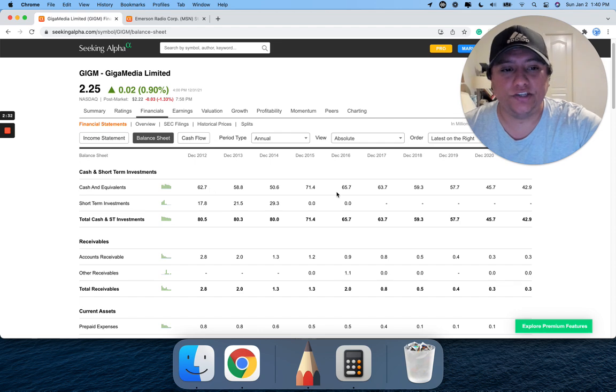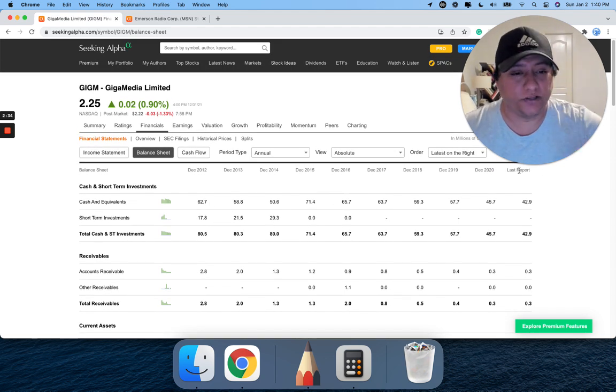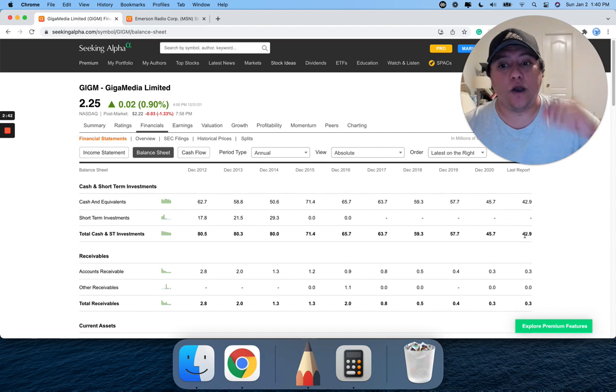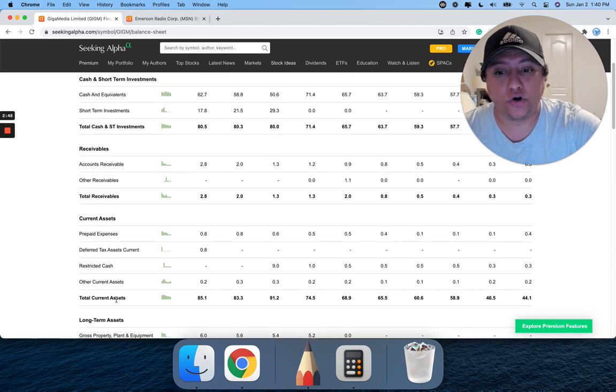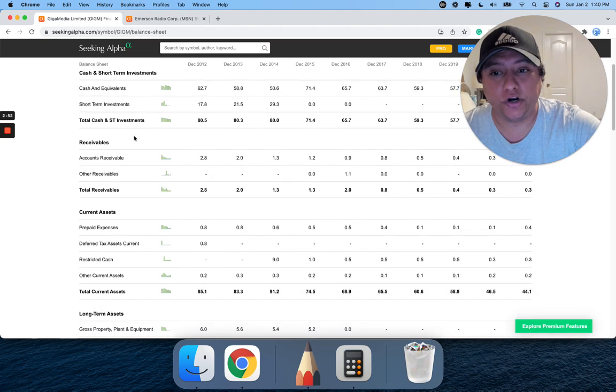We're in the balance sheet, and we're going to do the last reported. If we scroll down, you can see total cash and short-term investments, here it's 42.9 million. What I told you in the last video was how they're separate. If you go through here, you can see total current assets. From this line and up, all of these are the current assets.